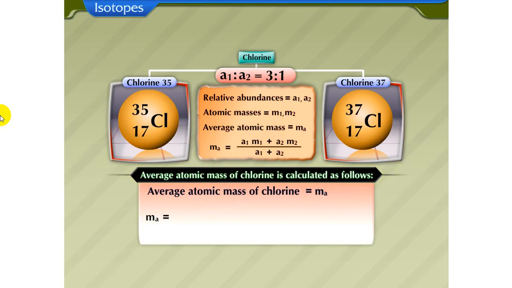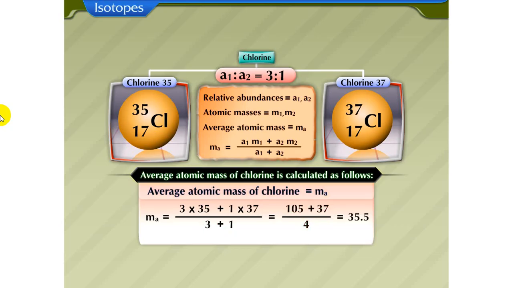Ma equals the sum of the product of 3 and 35 and the product of 1 and 37, divided by the sum of 3 and 1. This equals the sum of 105 and 37 divided by 4. This equals 35.5. Thus, the average atomic mass of chlorine is 35.5.